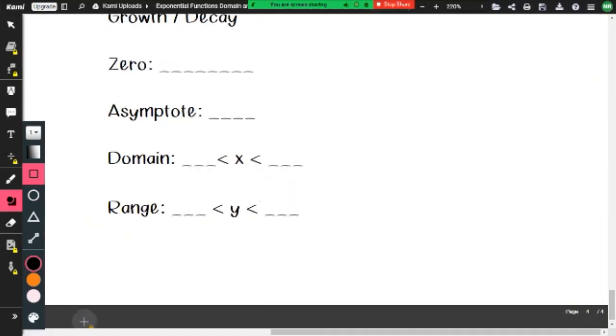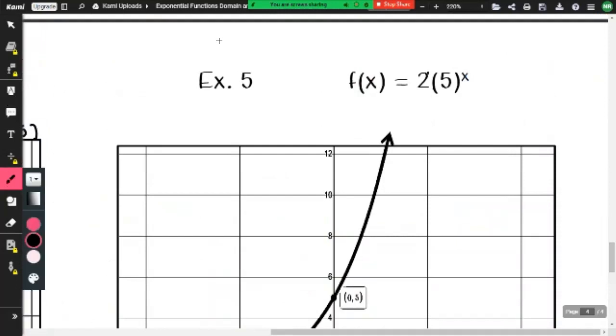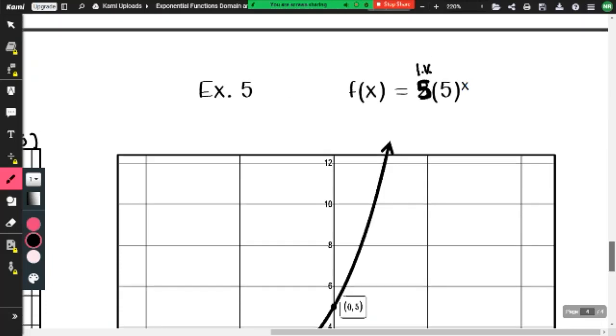All right, number 5. First thing I want you to do is go ahead and correct this equation. This 2 should be a 5. That 5 is in what spot? Initial value. So you'll see why it's wrong. All right.